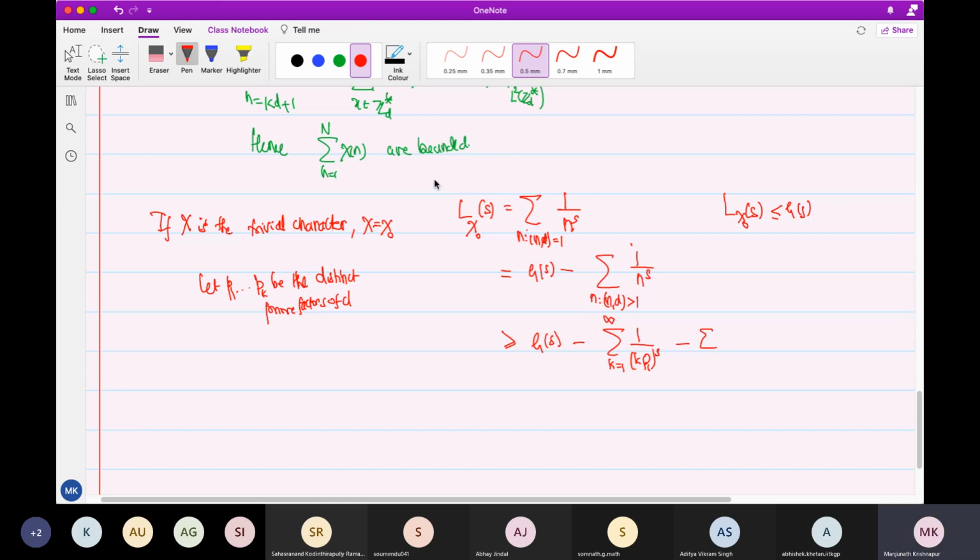Sorry, k is not a good choice, so maybe I call this p1 up to pm. And so on, minus the sum over k equals 1 up to infinity of 1 by (k p2) to the power s, minus dot dot dot. There are m of them.